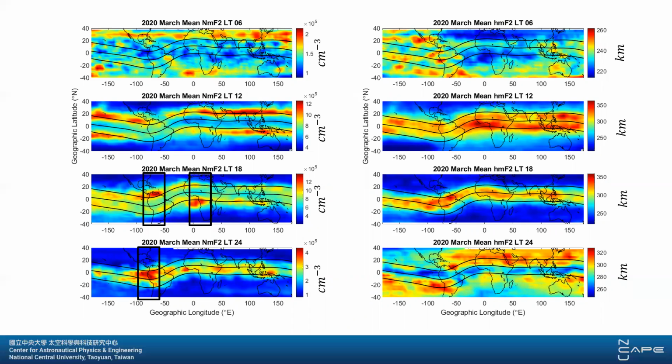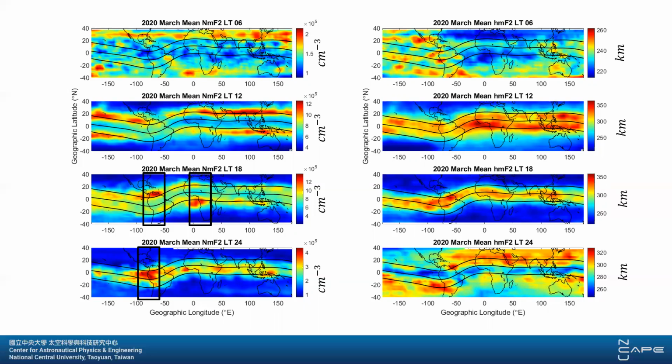We can see that HmF2 is having the highest altitude at noon, while the average NmF2 is having an anomaly during the nighttime, 18 local time and 24 local time.